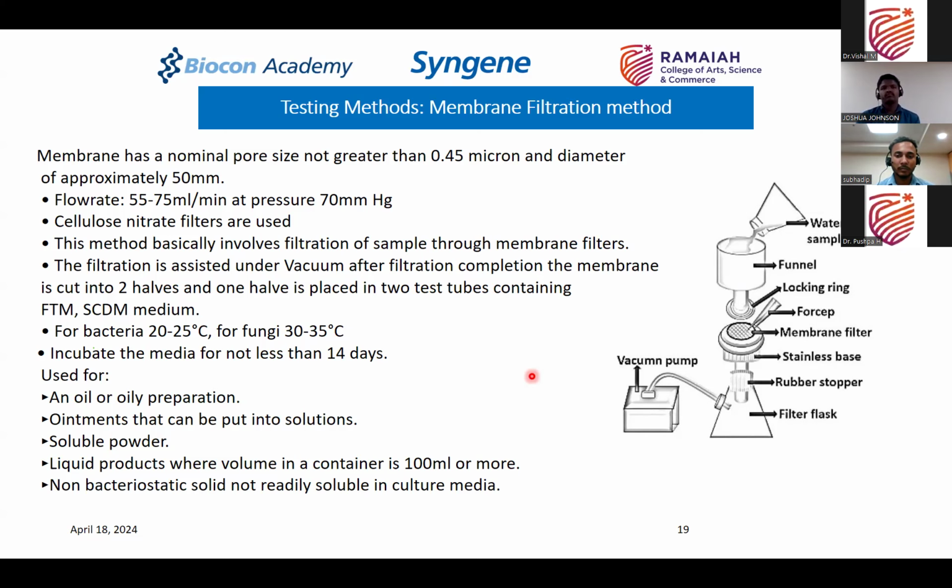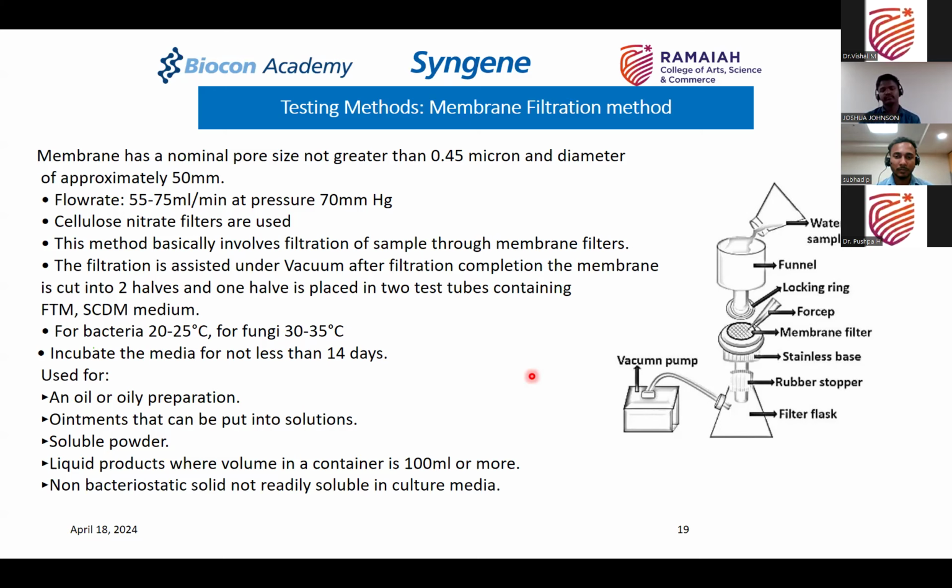Now you have to inoculate, isn't it? Whatever pharmaceutical products have been given to you, whatever you have chosen as a sample, whatever amount of sample you have chosen, that has to be inoculated. So how can this inoculation be performed? There are two different methods of testing according to USP 71.